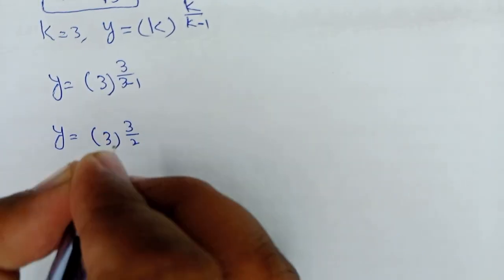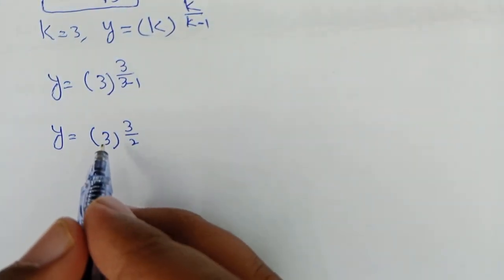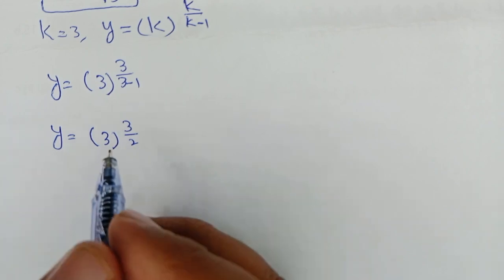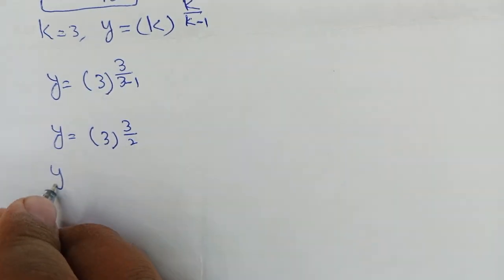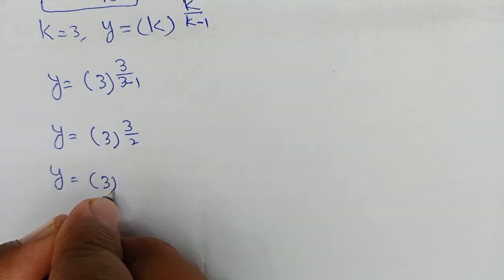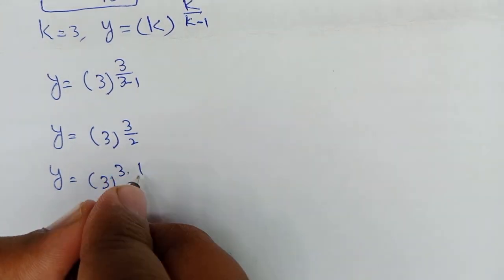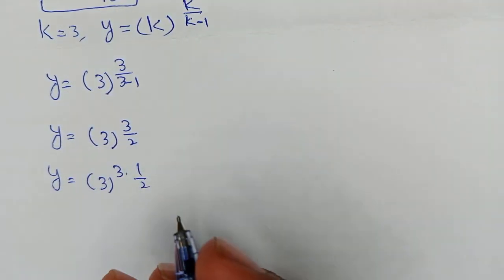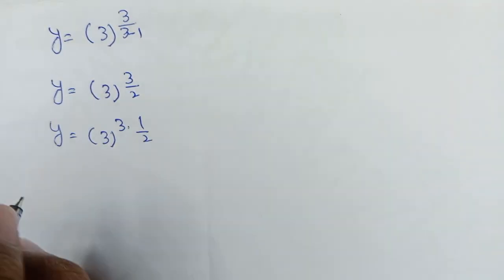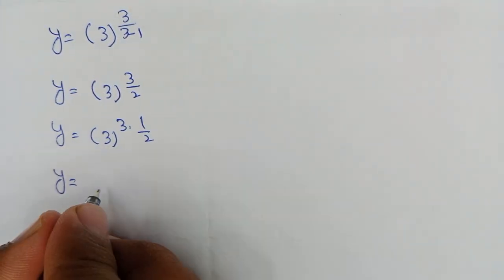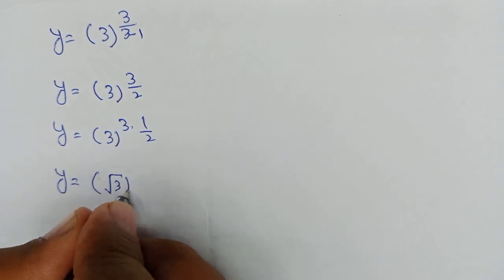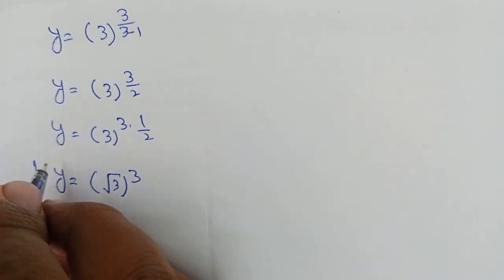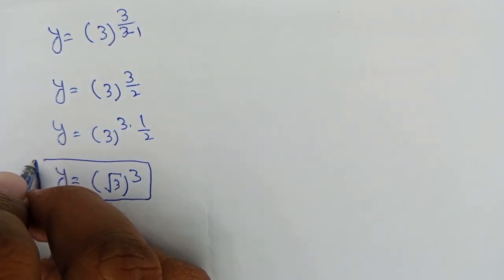Here 3 minus 1 is equal to 2, so y is equal to 3 power 3 upon 2. Power 1 upon 2 is considered as the square root, so the value of y will be equal to root 3 whole power cube. So this is the value of y.